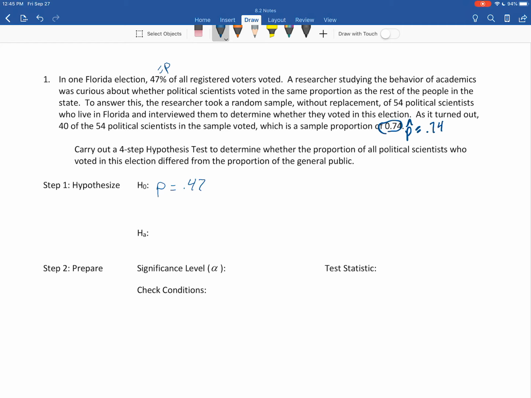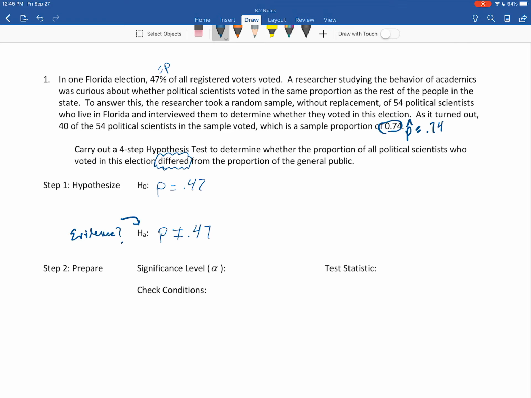Now, specifically, what we would like to provide enough evidence for is that the percentage is different from this. So this is going to be a 2-sided hypothesis test because we don't really care if it's up or down. The only question we're trying to answer is, is it different? That's all we care about. Is there enough evidence to support this? That's what we're going to carry out here.